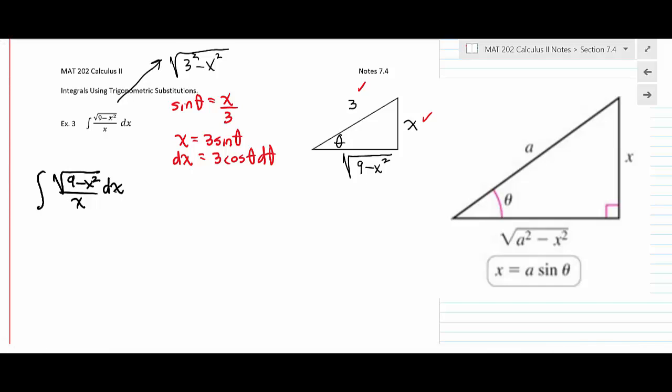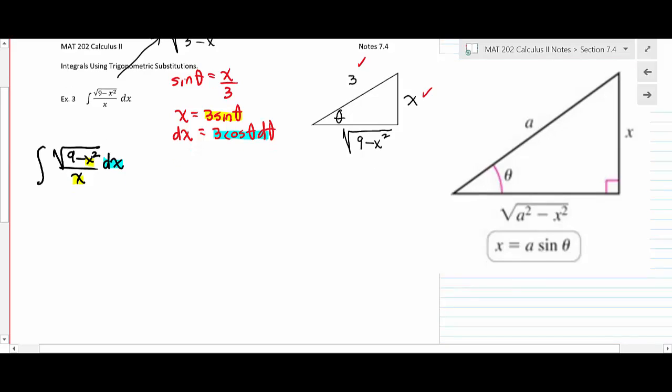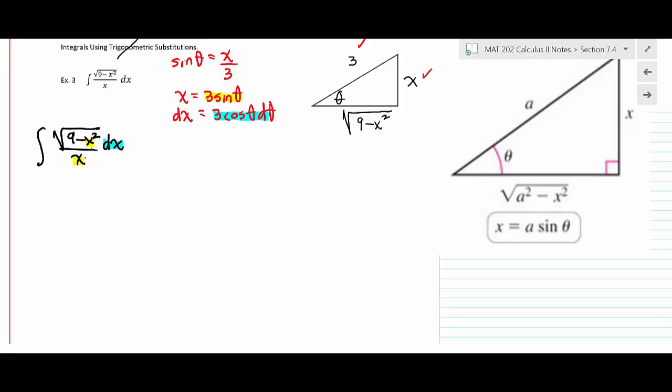So what we're going to plug in, everywhere we see an x, is 3 sine theta. Where we see dx, we're going to plug in 3 cosine theta d theta. Let me go down the list, get it set up, then we'll talk about what kind of integral we're putting together here.